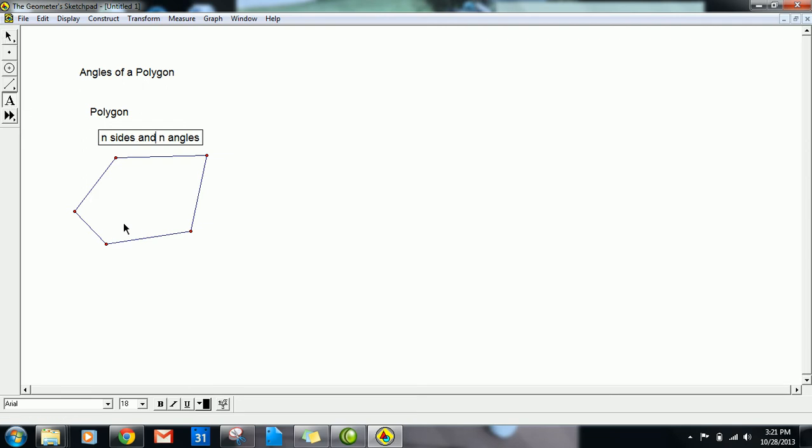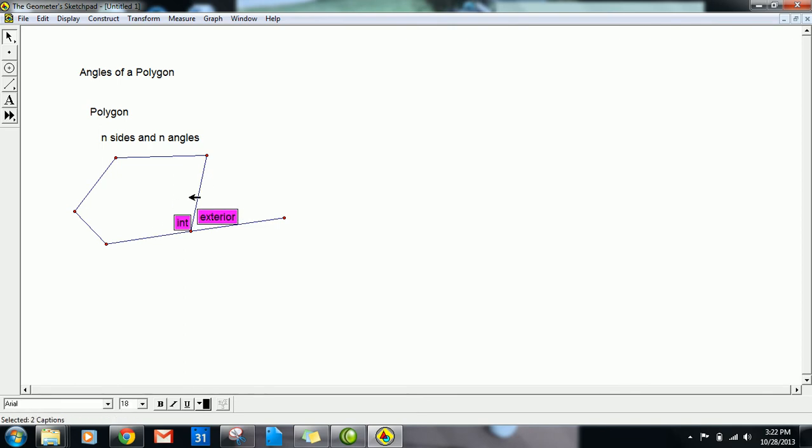So just like we talked about with the triangle, that's called an interior angle. And if we extend any of the sides, we create what's called the exterior angle. And we can do that at each vertex of the polygon, right? So we're talking about polygons with interior and exterior angles.